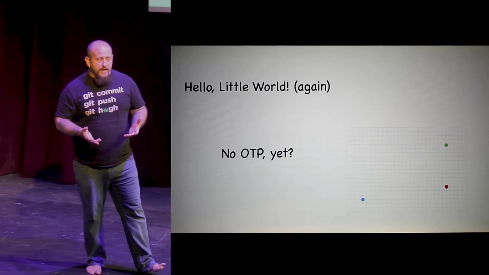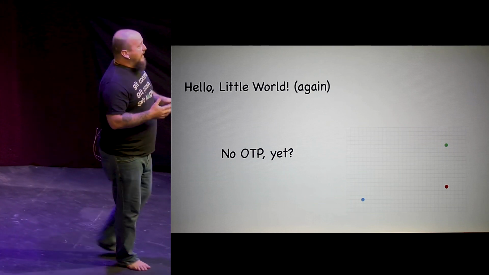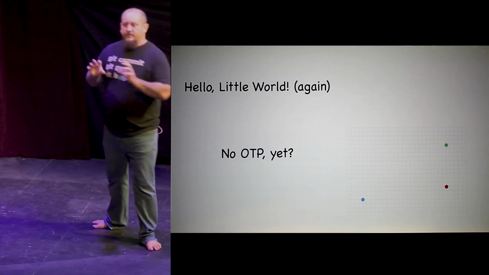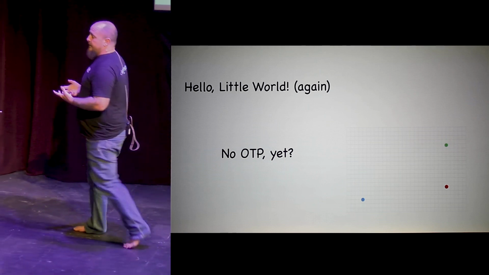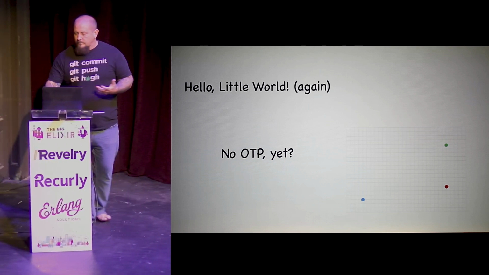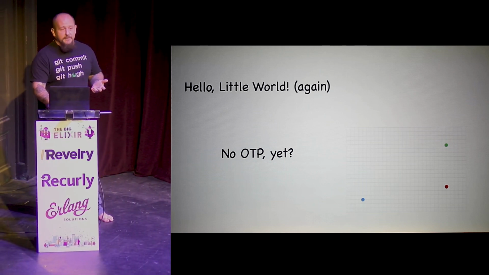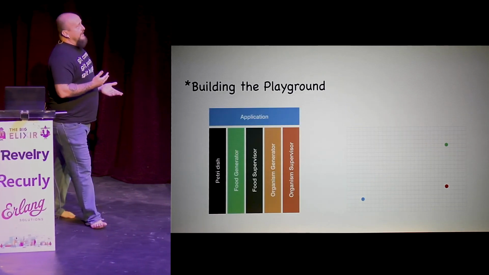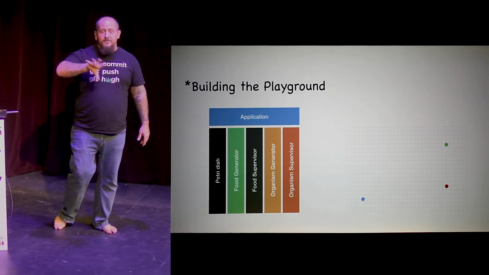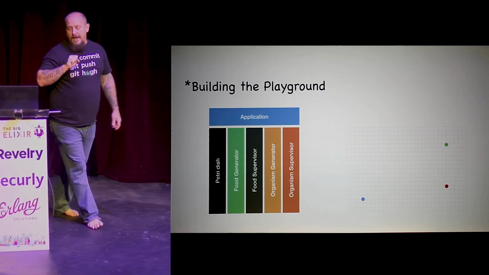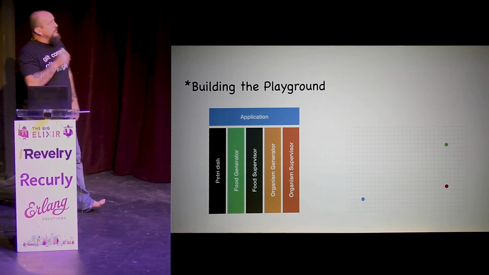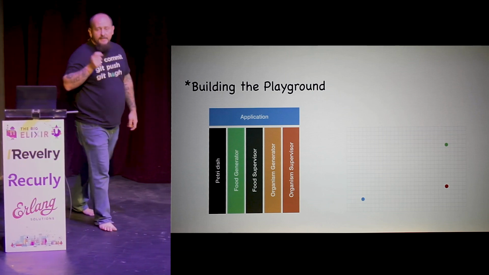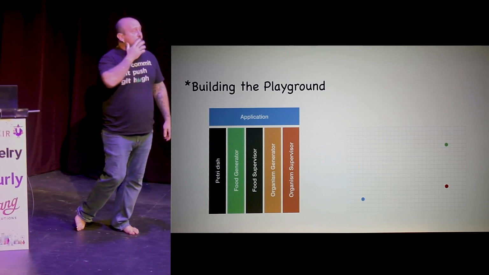Now, OTP is your friend, and it's going to be there to help you, but make sure that you have your functions doing what they're supposed to do without OTP prior to bringing it in. That being said, this is heavily dependent on OTP. So here's our application with our essential base supervision tree. We have a Petri dish, we have the food generator, because something has to actually say, go ahead and build this food.